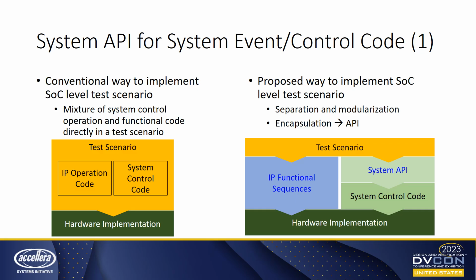We came up with this scenario structure using three keywords: separation, modularization, and encapsulation. When developing a test scenario using this structure, we can reuse the system API code in terms of the usage form of the system control function.